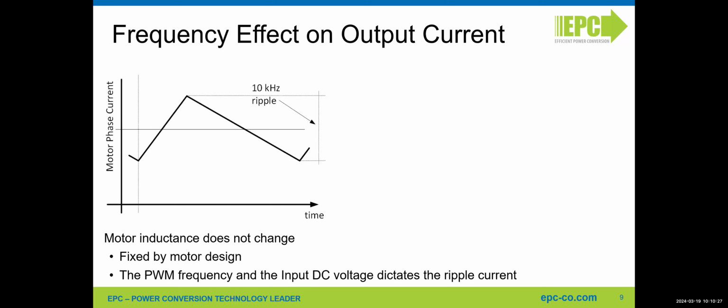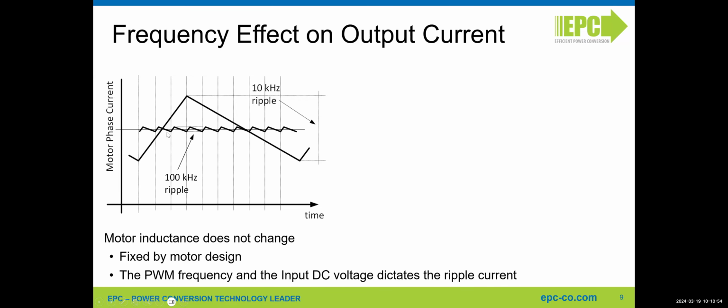And the motor inductance does not change, it is fixed by the motor design. And the PWM frequency and the input DC voltage are dictating the slope of the ripple current. So this is something that cannot be changed. The only thing that a designer can do is increase the PWM frequency. So you see the slope is the same, but since it is switching at higher kilohertz, you have a lower ripple.